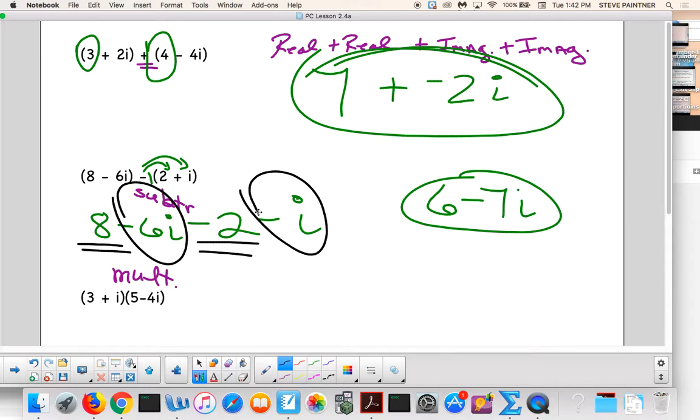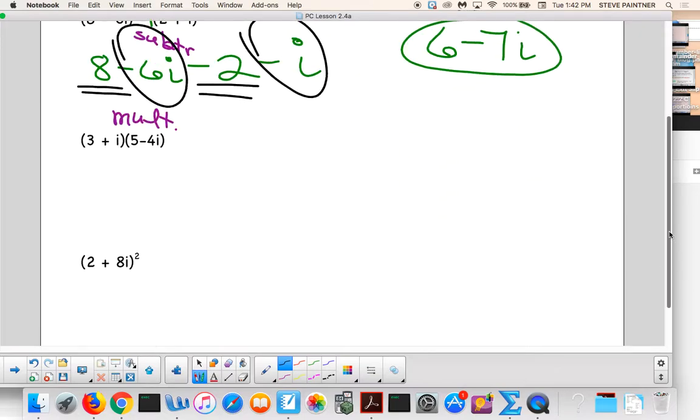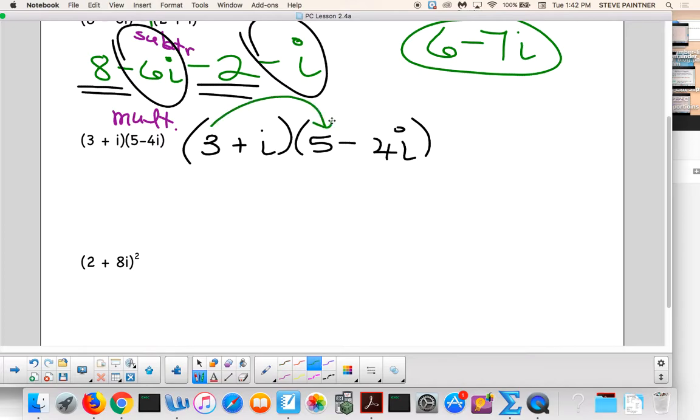How do you multiply? FOIL. Go. Get it. I did first times first, outer times outer, inner times inner.